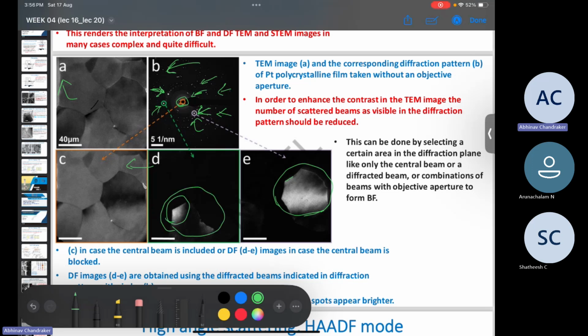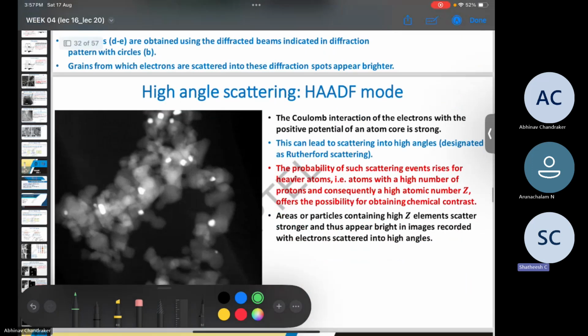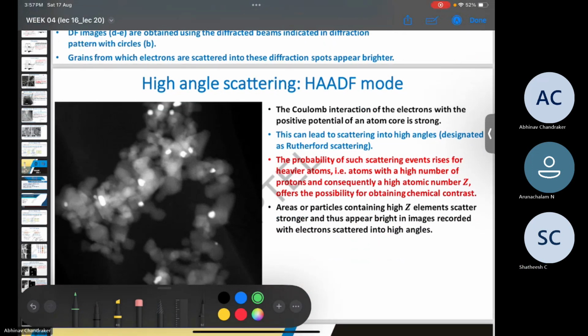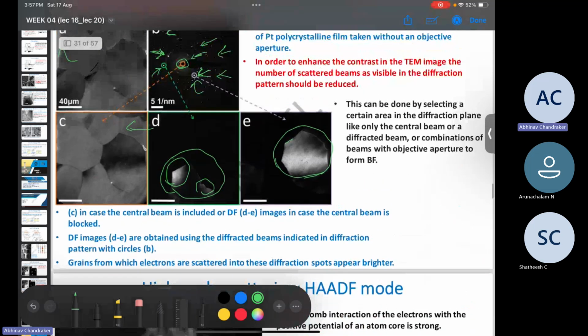So in this region you have more diffraction, more planes causing this diffraction. In that way we can get crystallographic information of different regions of the specimen by considering different diffracted electron beams.